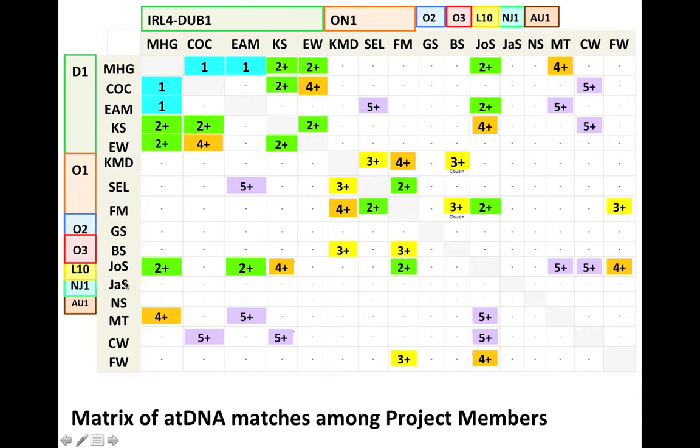But then we come down to James, Bob in New Jersey, and also to Neil in Australia, and they don't match anybody. So this possibly indicates that these branches are further away from the rest of the group than the others.